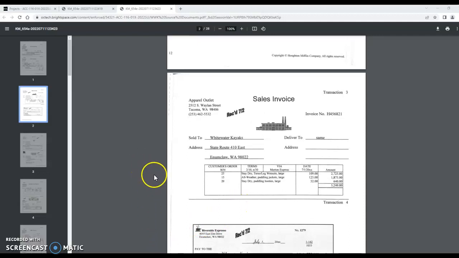Okay, and technically we put it into the journal on the date that we received the invoice, although these terms, getting our 2% discount, is within 10 days of the date of the invoice, not the date we actually received the invoice.